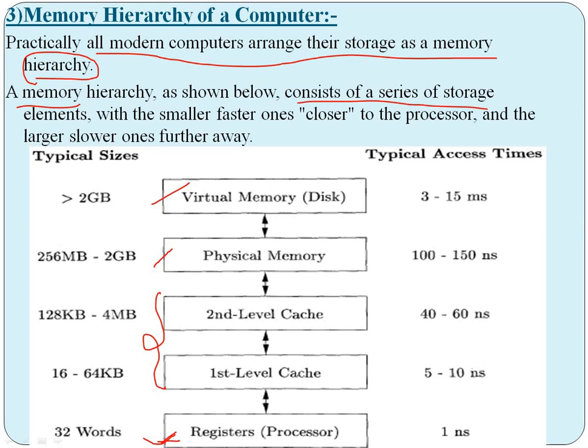One step higher is cache memory. Its capacity is more than a register, but its speed is somewhat slower. Like this, the nearest device works with high speed, and this link goes on.